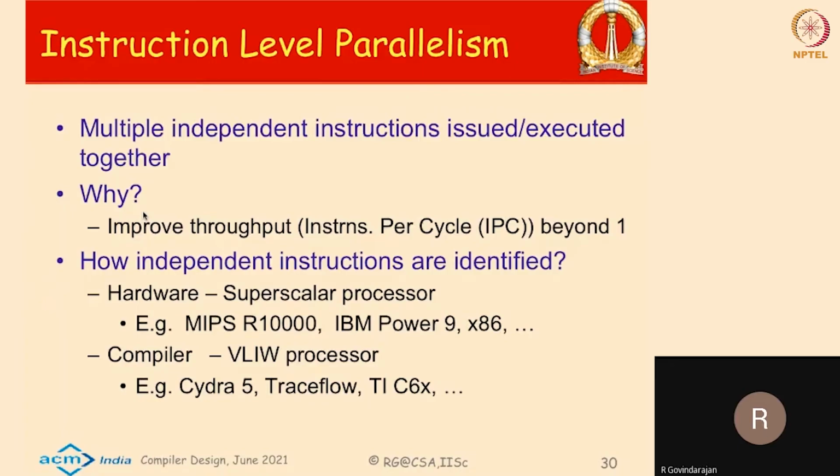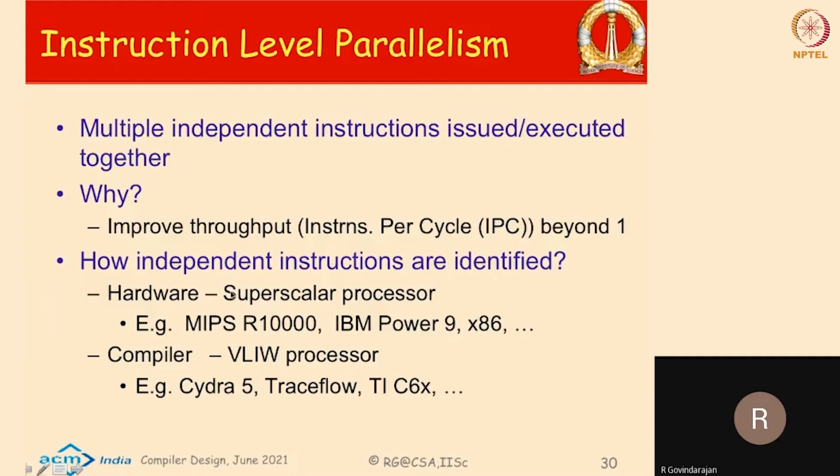The question is, how do we identify these independent instructions? They can either be identified by the compiler, which packs these independent instructions, as happens in the case of VLIW processors, or the hardware can identify these independent instructions.